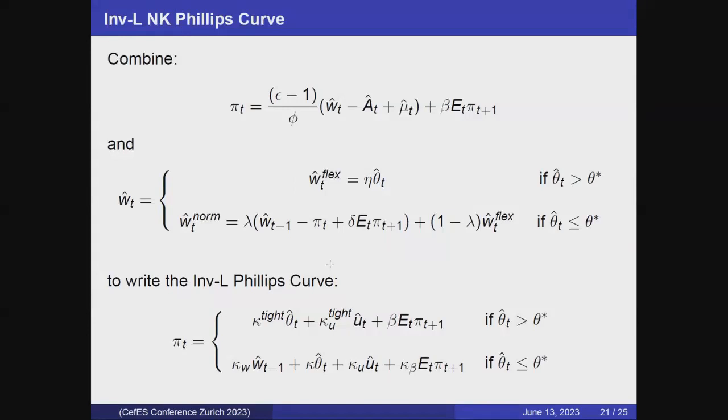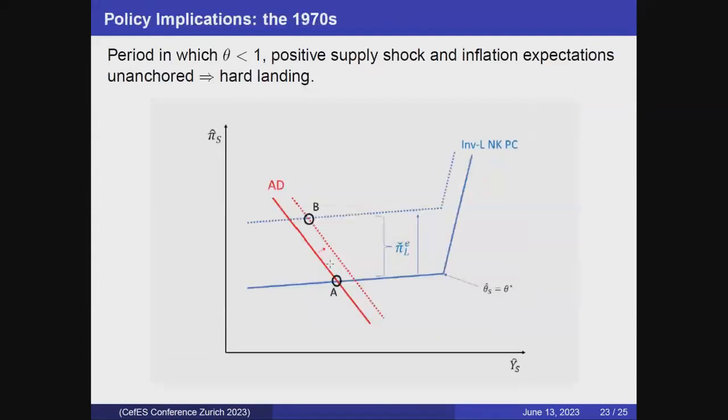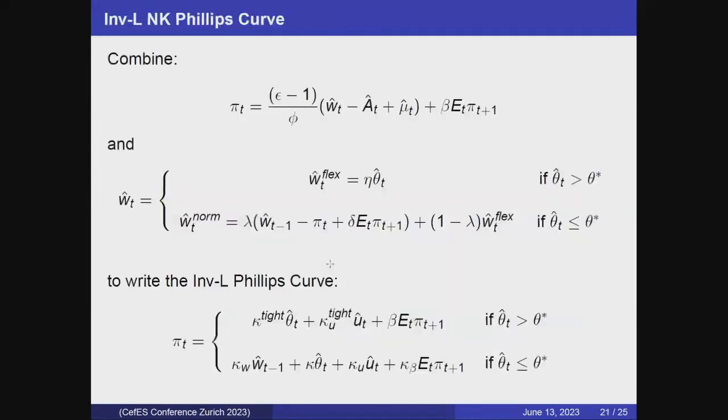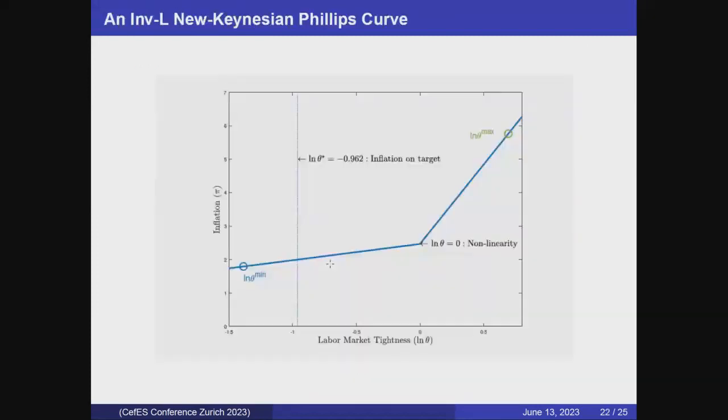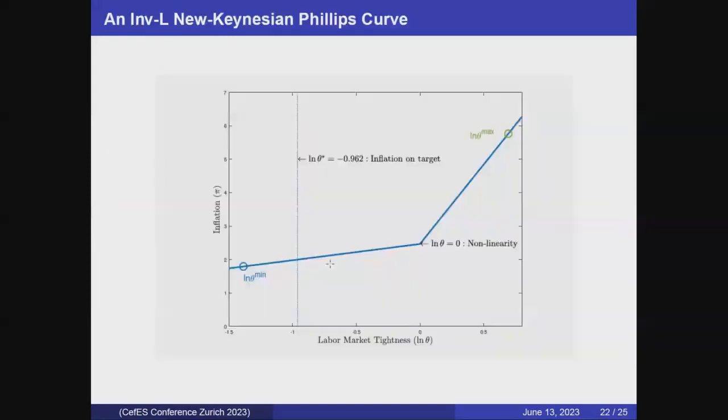So let me conclude. Yeah, that's exactly this equation, the component between inflation and theta, right? So the relation between inflation and theta when we use the data, our analysis, our estimation.